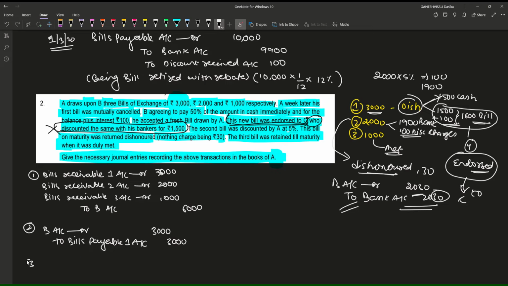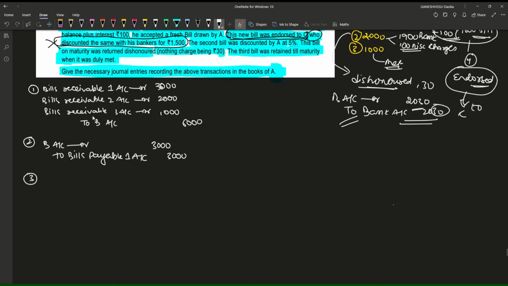And the third, I'm going to write down with the things. The return dishonor, the dishonor means we need to make B again a debtor, and we need to credit this bills receivable. I'm sorry, this is not bills payable, this is bills receivable.